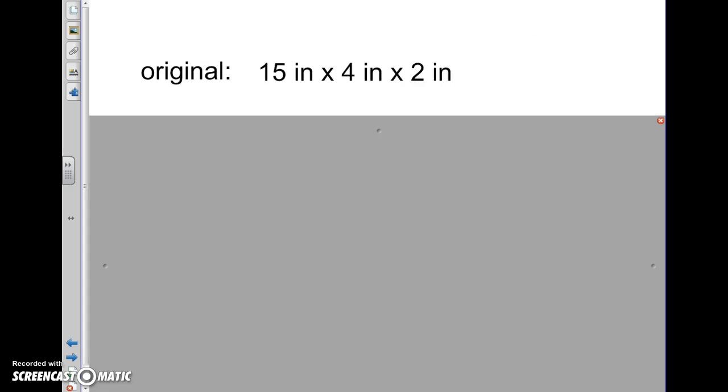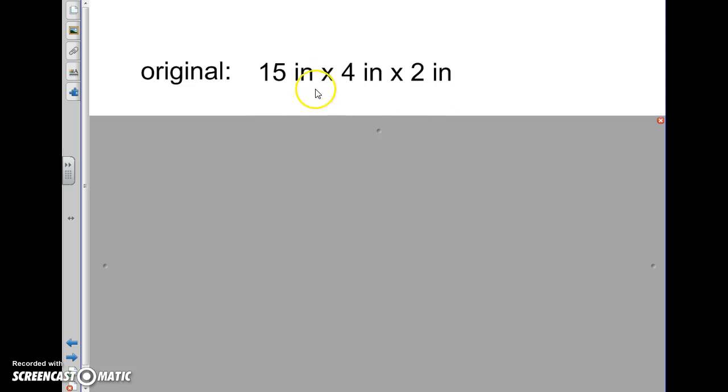Again, let's write out what the dimensions of the original box was. It was 15 inches long by 4 inches wide by 2 inches tall. So, using the same rationale as with doubling the volume, here we're going to half the volume by doing what to the dimensions of the original rectangular prism?